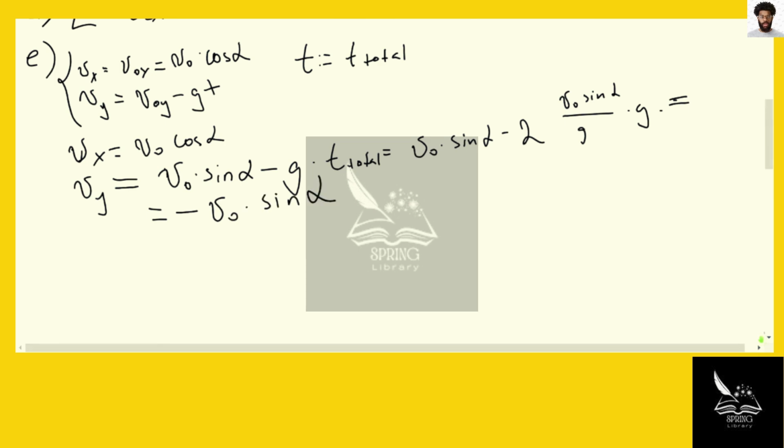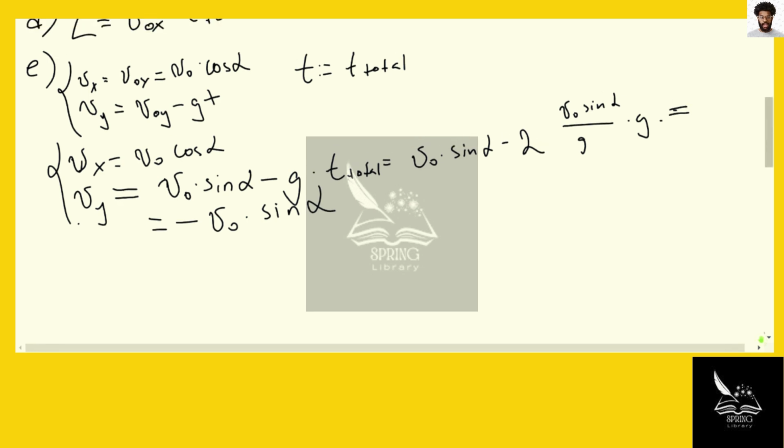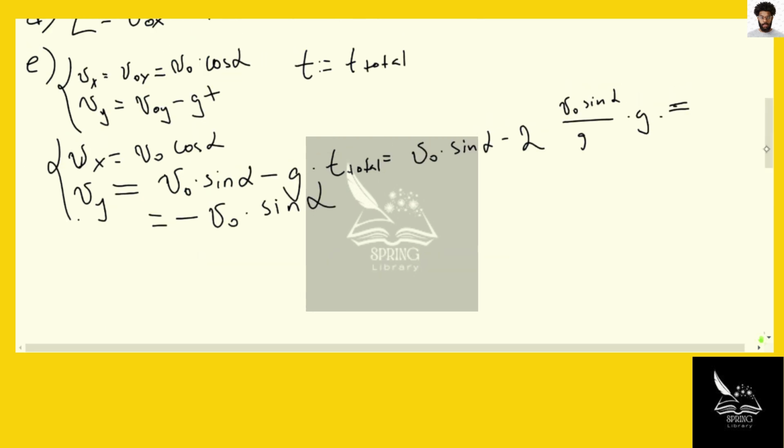So basically it means that the absolute value of the final vertical component doesn't change, just the direction is flipped.